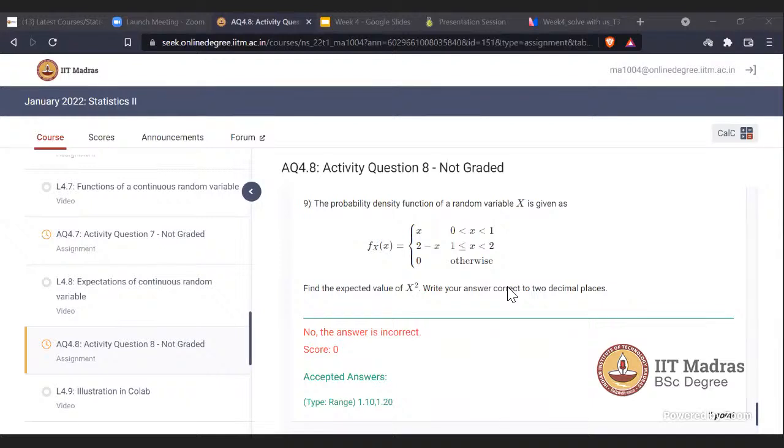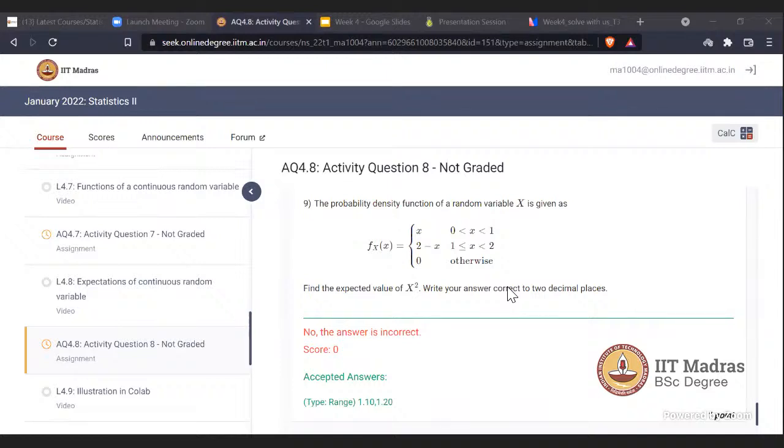That is the formula for the expected value of x. But now we have to find the expected value of x square. So that is going to be the integral of x square times fx of x dx, multiplied by the corresponding probabilities, which are already given to you.